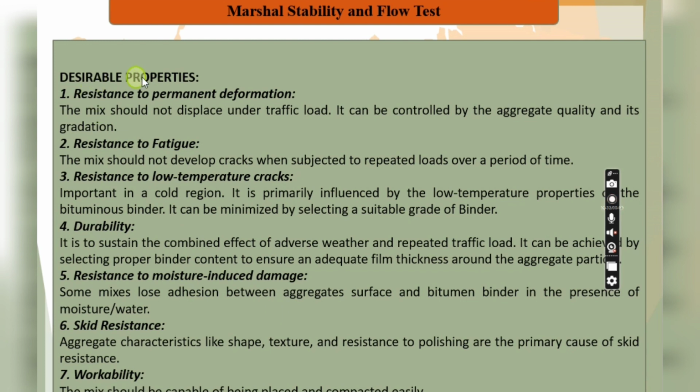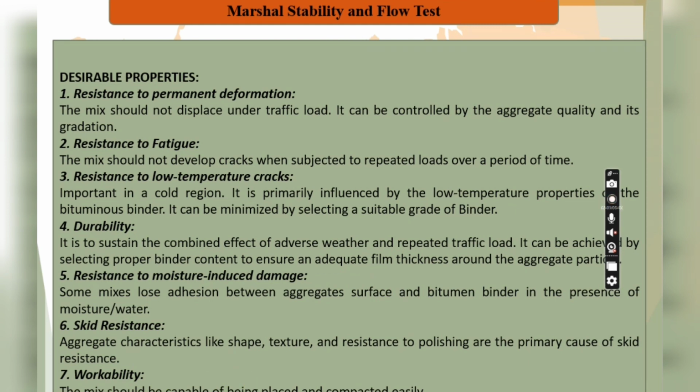Here are some important definitions and points which you must know: what is durability, and what is workability. Durability is the ability to resist repeated traffic load and the combined effect of the environment. So all of these come under durability and workability.